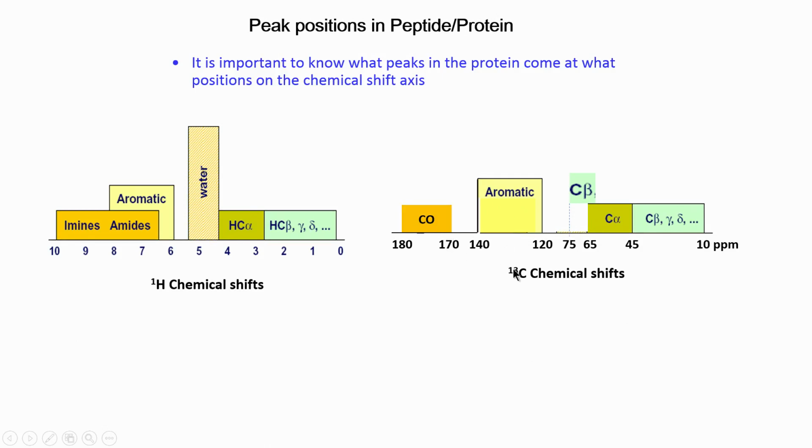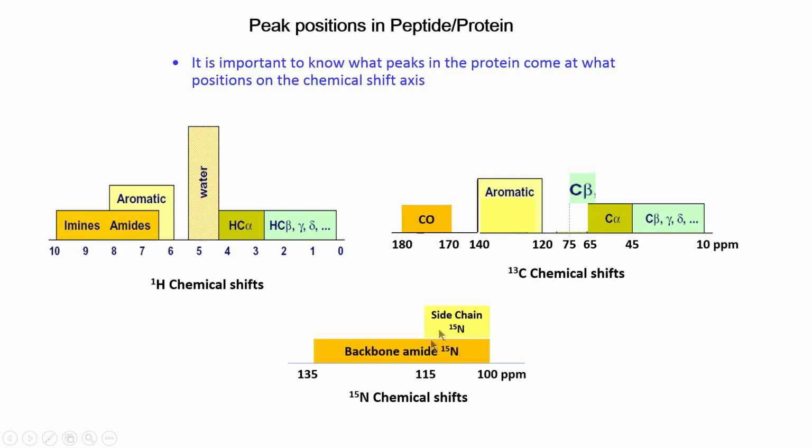Now, let us see nitrogen. These are basically the 3 nuclei which we are going to look at in the chemical shift assignment. For nitrogen, typically it comes between 100 to 135 ppm. Okay. Typically the glycines come somewhere in the upfield region, between 100 and 110 ppm, but other amino acids are all together.